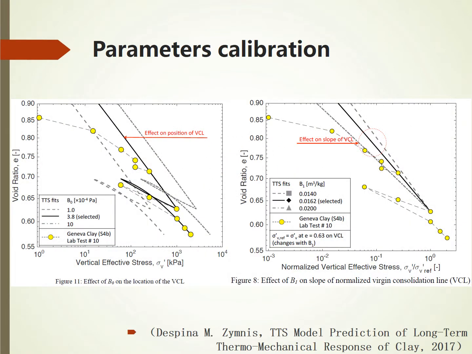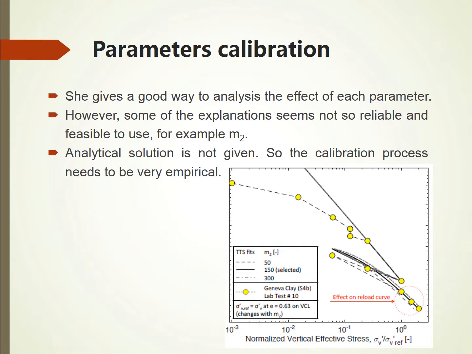For example, she indicated that B0 affected the position of the VCL, the virgin compression line, and B1 affected the slope of the VCL. She gives a good way to analyze the effect of each parameter. However, some of the explanations seem not so reliable and feasible to use.